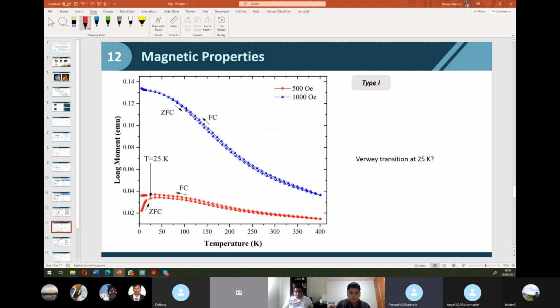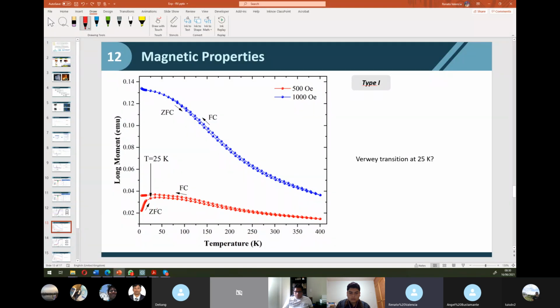And then in the next slide, we have long moment versus temperature, zero field cooling and field cooling for both external fields, 500 Oersted and 1000 Oersted.